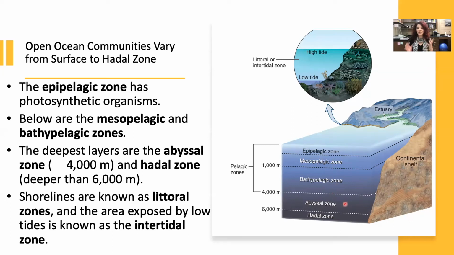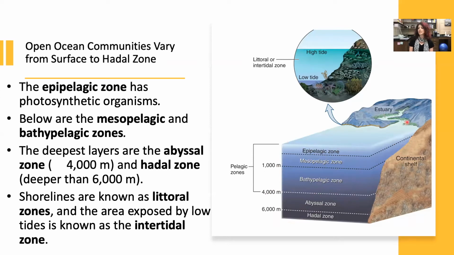And also, you're experiencing very high pressures. Moving away from the open ocean and the deep ocean that is out past the continental shelf, you can also move towards the shoreline.